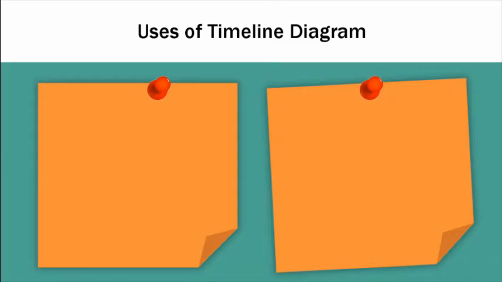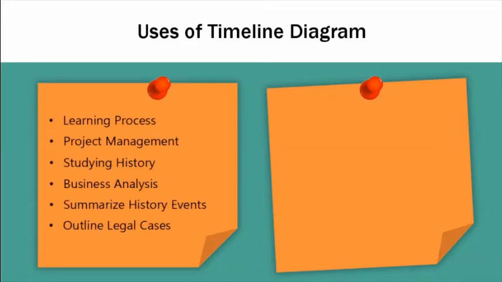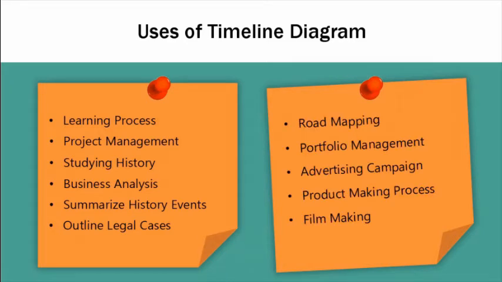These are the human engagements that can be put into a timeline diagram: the learning process, project management, studying history, business analysis, summarizing historical events, outlining legal cases, road mapping, portfolio management, advertising campaigns, product making process, filmmaking, and etc.